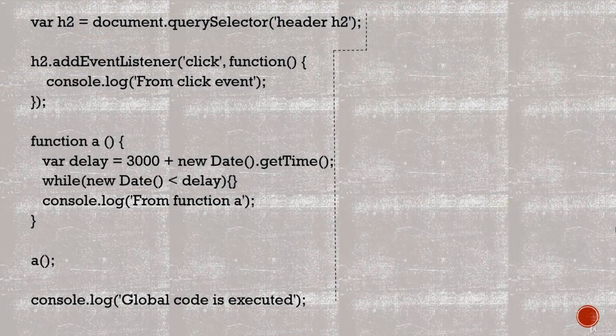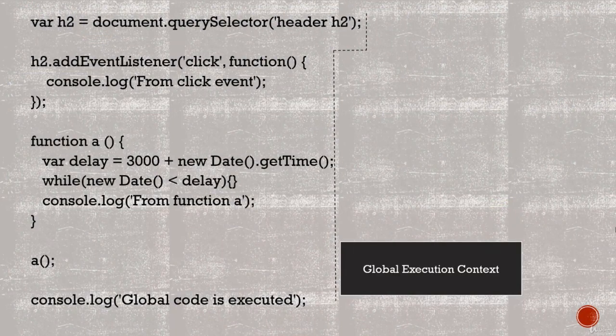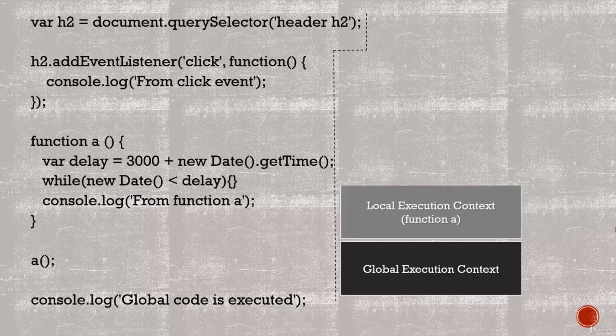So what happened? When we reload the page, global execution context is created. Then function A creates its local execution context. And actually during execution of function A, we have clicked on heading element, but the function inside addEventListener did not start execution.